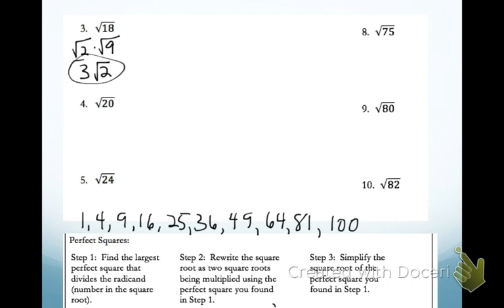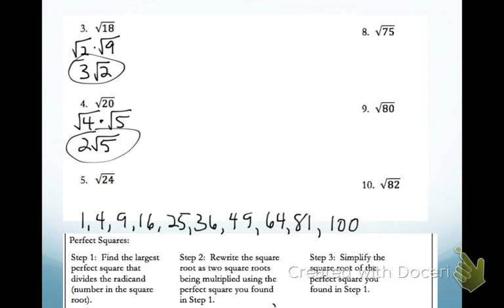Now with 20, if we think of factors of 20, I've got 2 and 10, but neither of those are perfect squares. 4 and 5, and I can see that 4 is a perfect square, so I'm going to rewrite it as that product. I'm going to take the square root of 4, which is 2, and then keep the square root of 5.